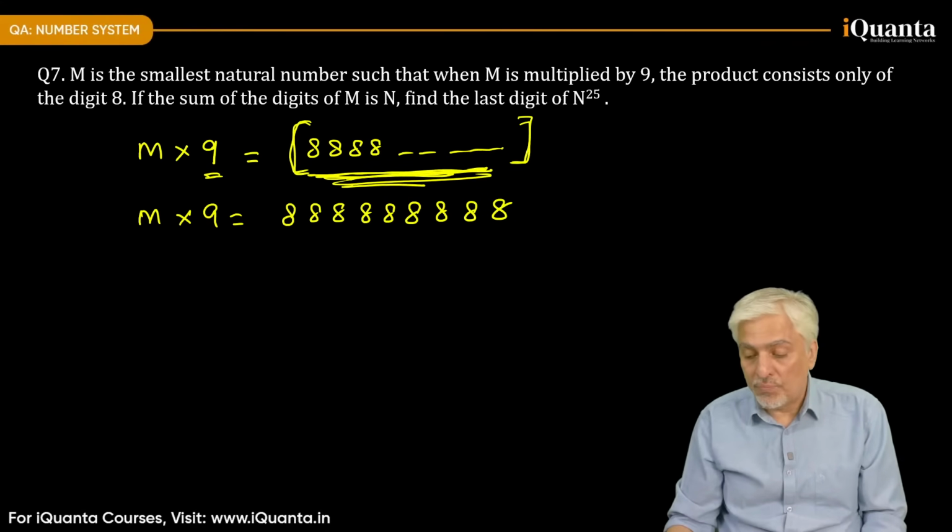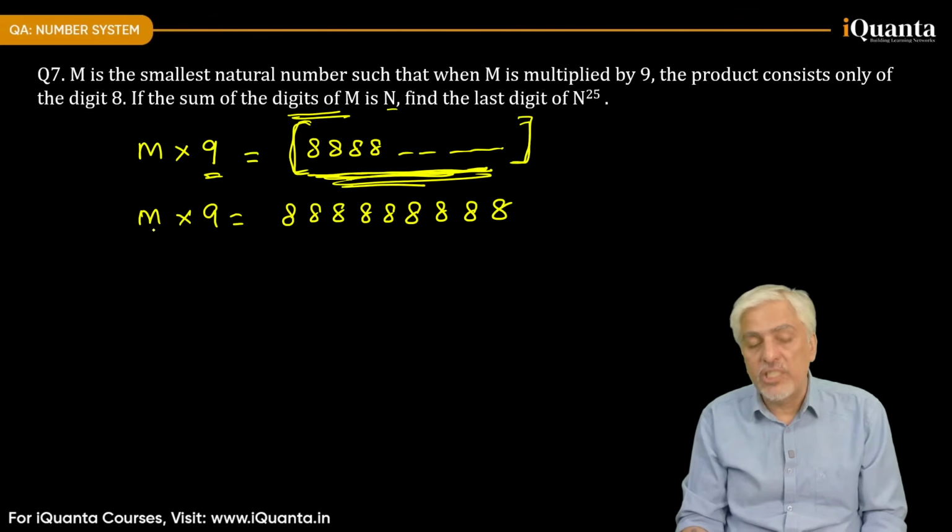Read very carefully. Sum of the digits of m, that is n. So first of all, I have to find m. What is m?